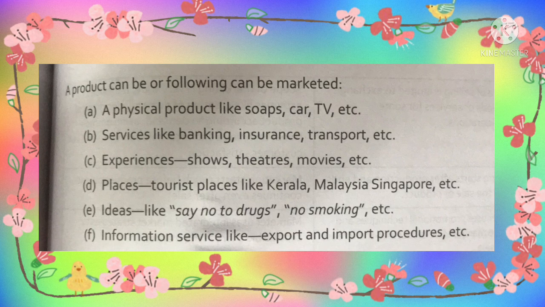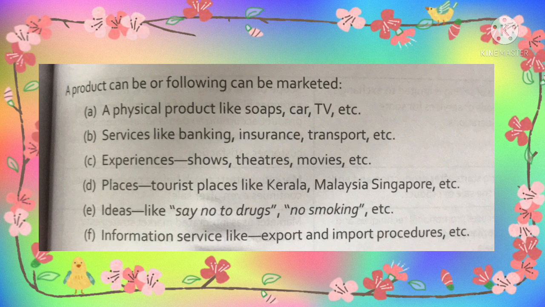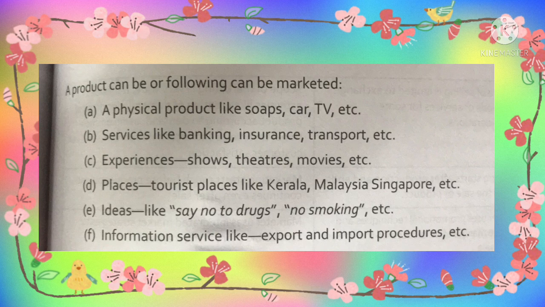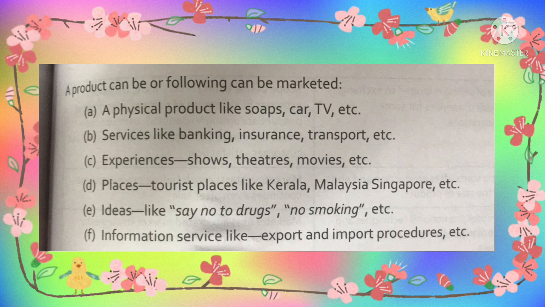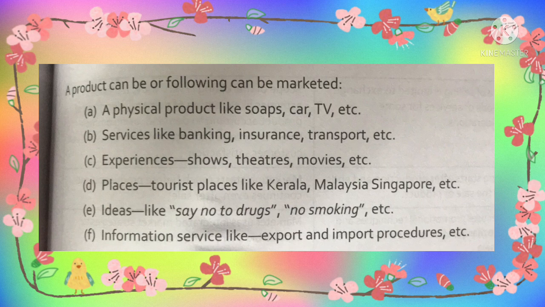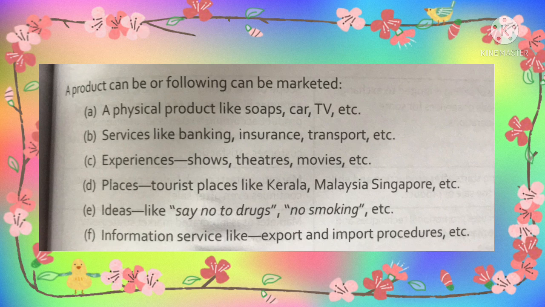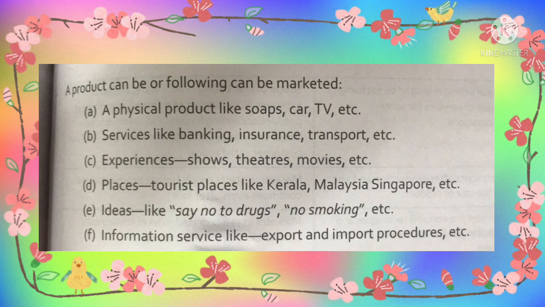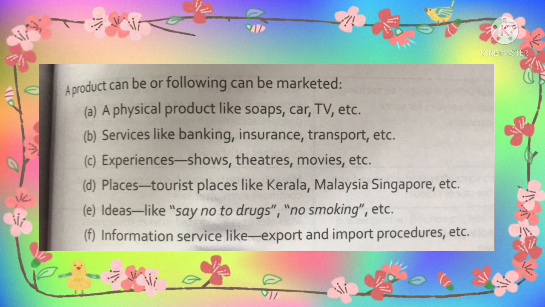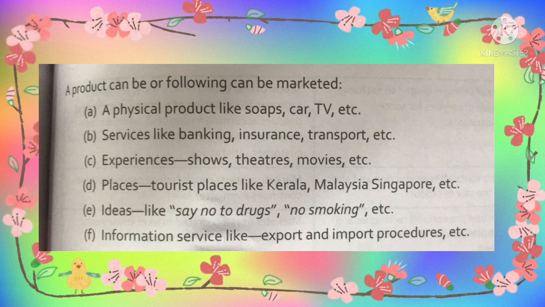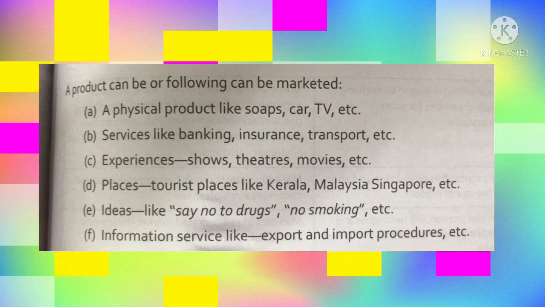Physical products like soap, car, TV, etc. Services like banking, insurance, transportation, etc. Experiences, like shows, theaters, movies, etc. Places, tourist places like Kerala, Malaysia, Singapore, etc. Ideas like say no to drugs, no smoking, etc. And another one is information services like export and import procedures, etc. So those are the things which can be marketed.